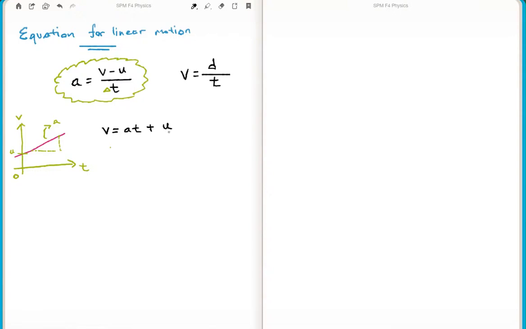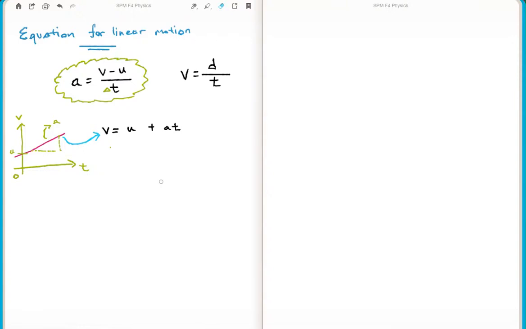In some books they say v equals u plus at, and they memorize it so hard. Here I'm giving you an alternative: not to memorize it, but to understand it. A v-t graph, and this is its equation.